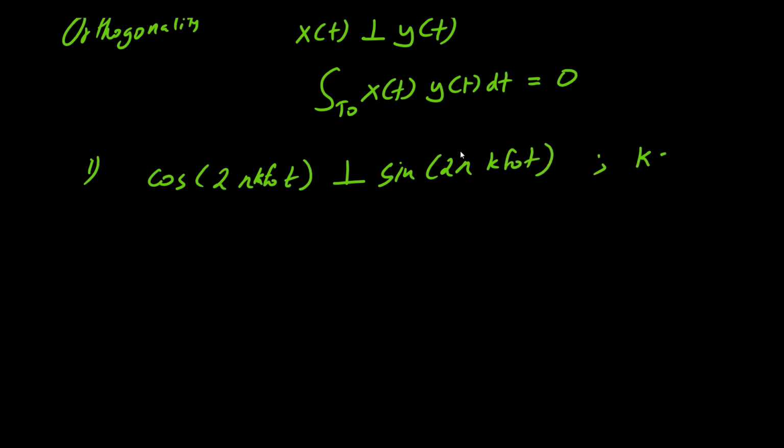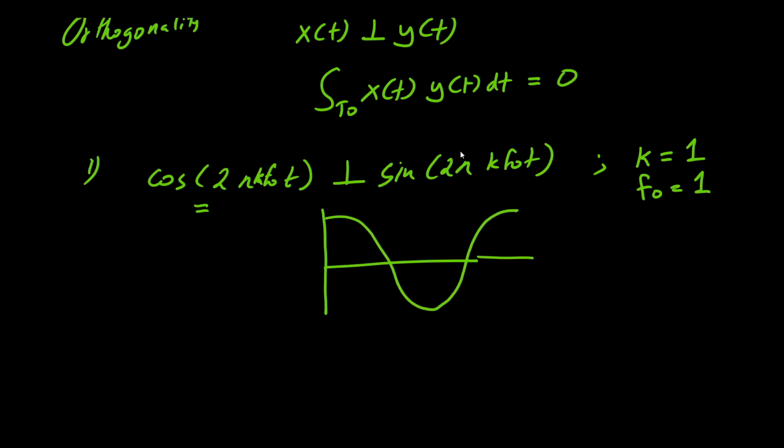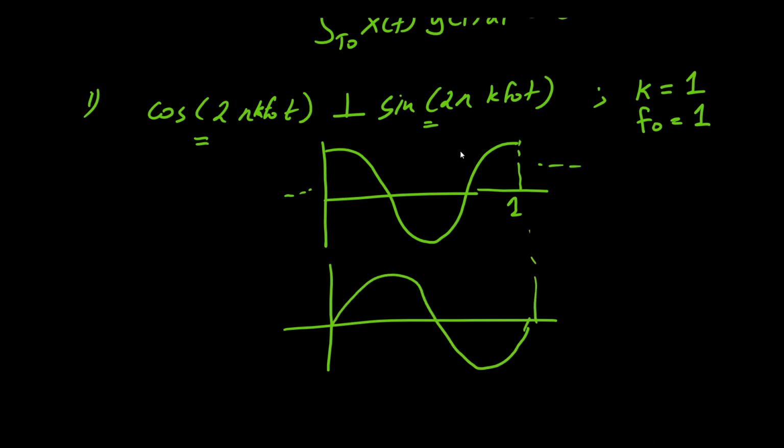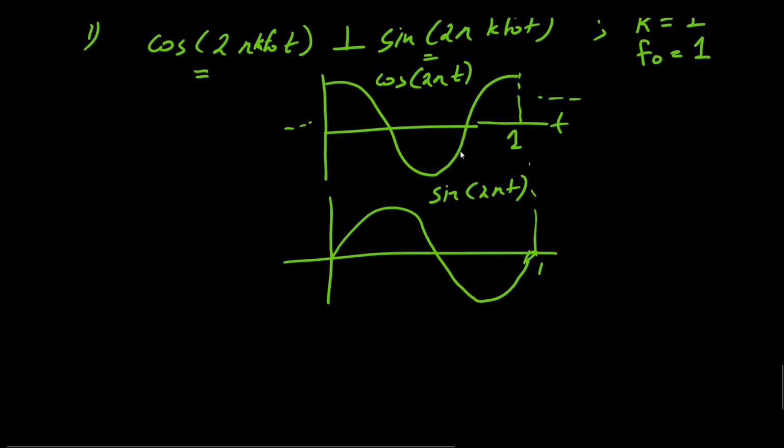Given that we are looking into the first or fundamental harmonic, and for simplicity, say f naught is 1, this signal would simply be a cos function, and from here we have a sine function. So this is our cos 2 pi t, and this is sine 2 pi t. Let us see if they are orthogonal in the time period 0 to 1, x of t times y of t.